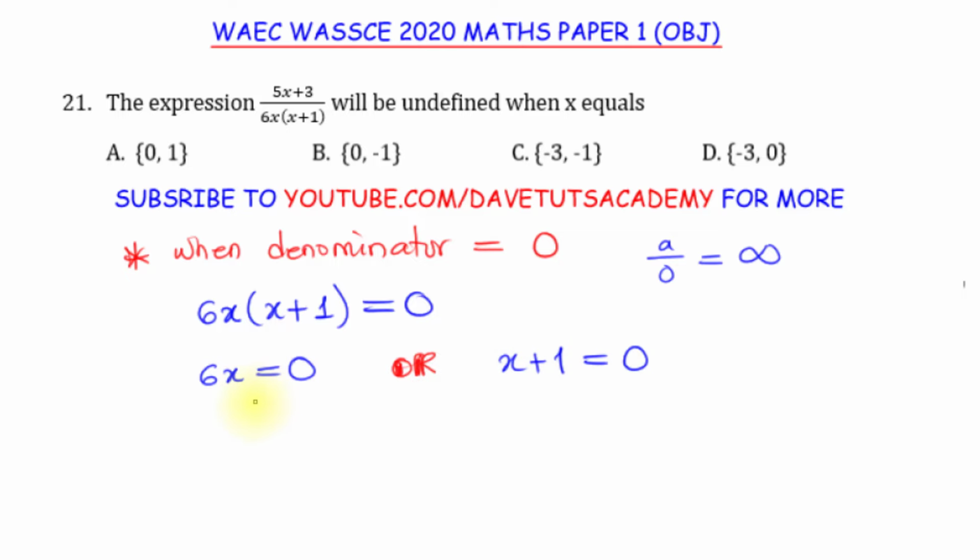If 6x is 0, and of course 6 is a number, then x will definitely be 0, or here x will be minus 1. So the solution is that x will be 0 or minus 1 for this particular expression to be undefined. And if you look at the options, you can see option B is pointing out that either x is 0 or x is minus 1 that will make this expression undefined. So option B is the correct answer.